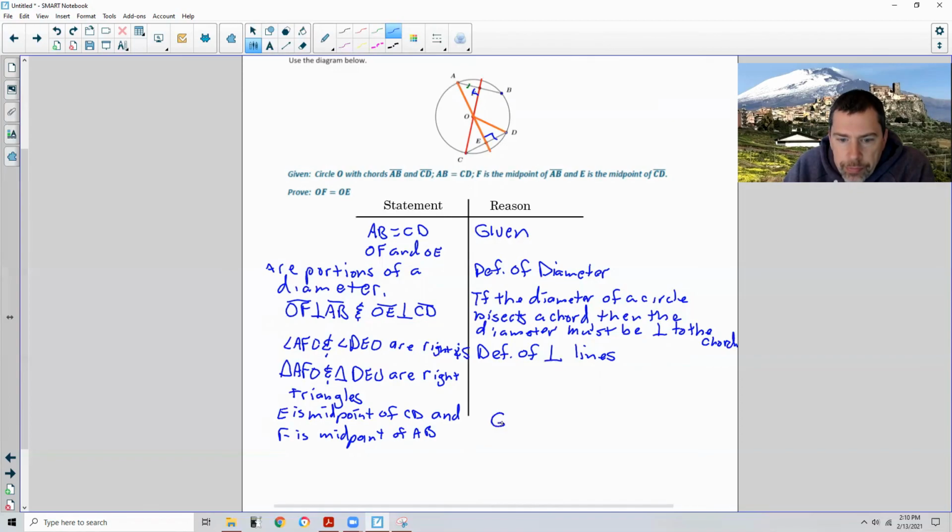That's given. So E is the midpoint of CD and F is the midpoint of AB. Now we're saying these are given.